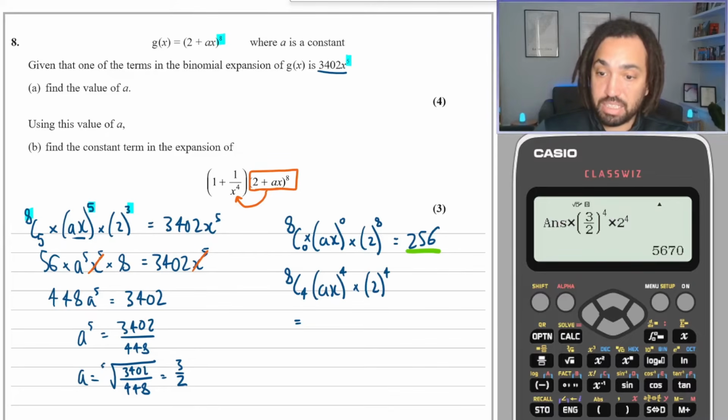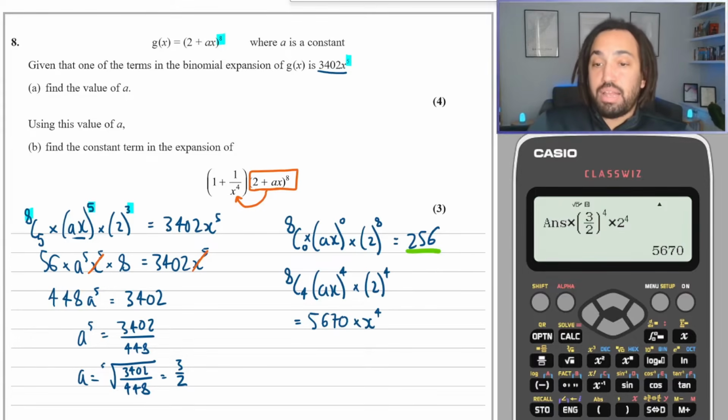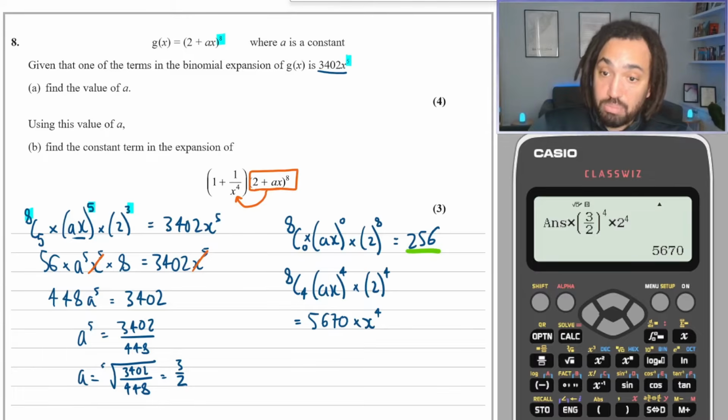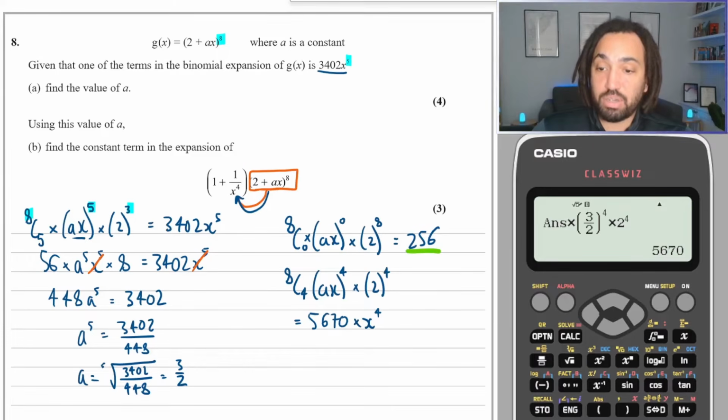Okay, great. So that is going to give me 5670 times x to the power of 4. And then, like I said, that term will come out of the orange bracket and it'll be multiplied by this term here, and that will then leave us with a constant term. So when that is multiplied through by 1 over x to the power of 4, I will just get 5670.